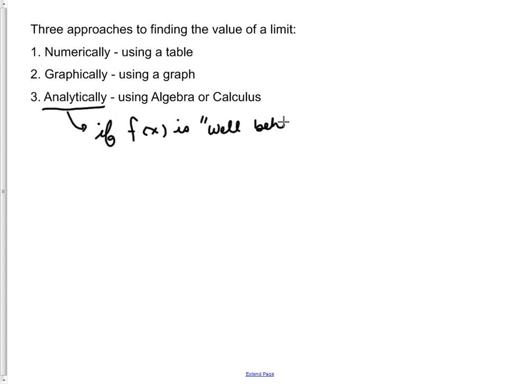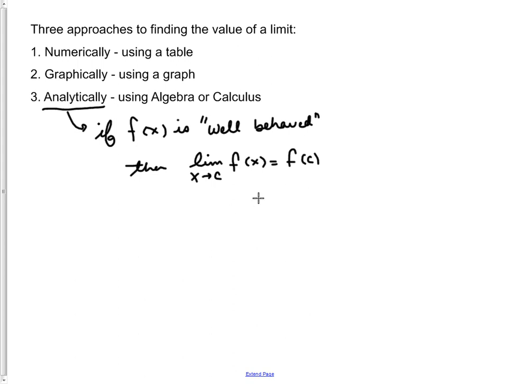If it's the kind of function that doesn't do weird stuff as x gets close to a certain value, then usually we treat it this way: the limit as x approaches c of f of x, hopefully, will equal f of c. That is, the function will act exactly like it is at that point.